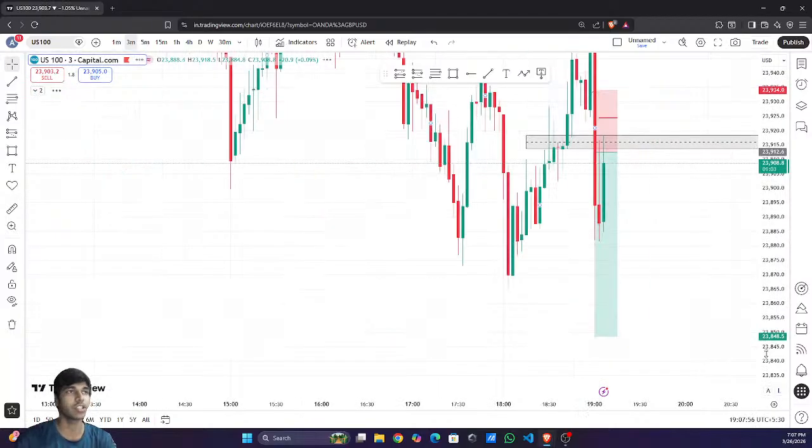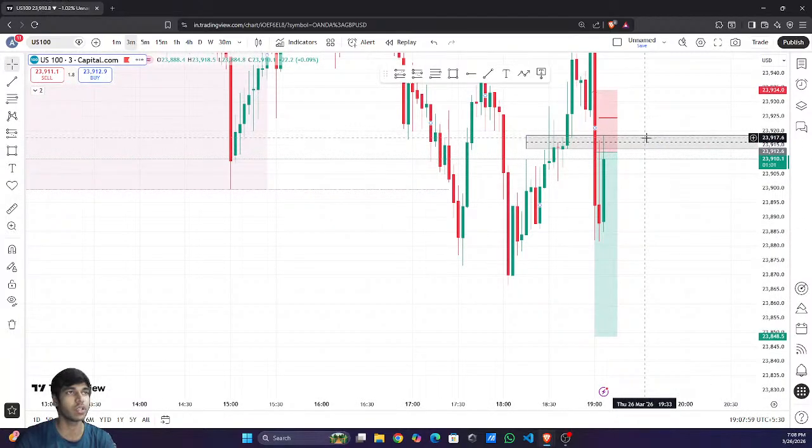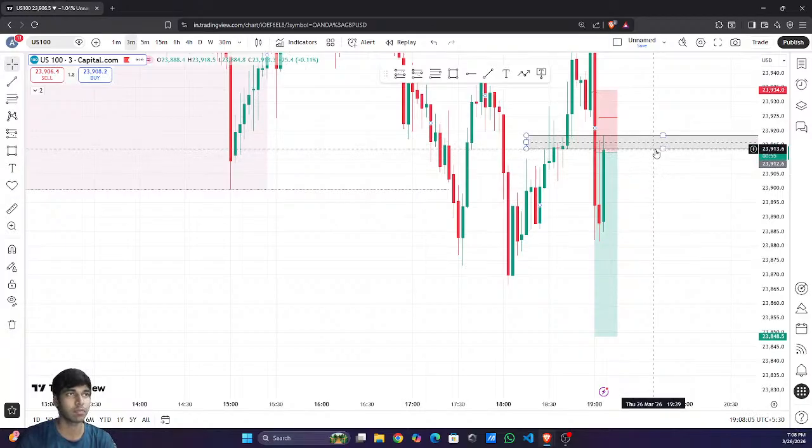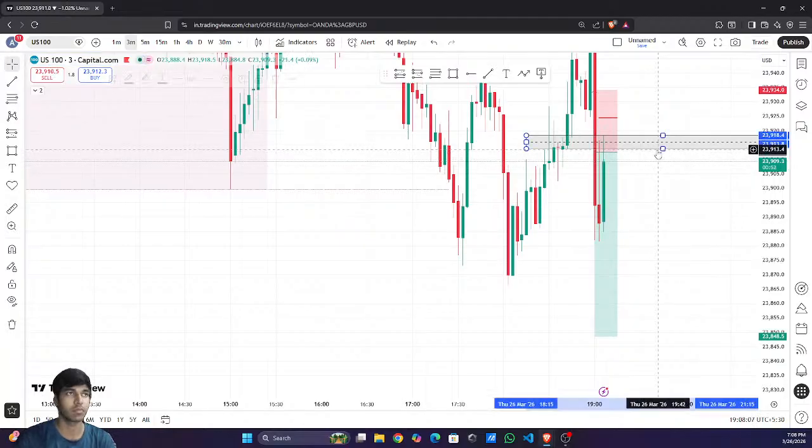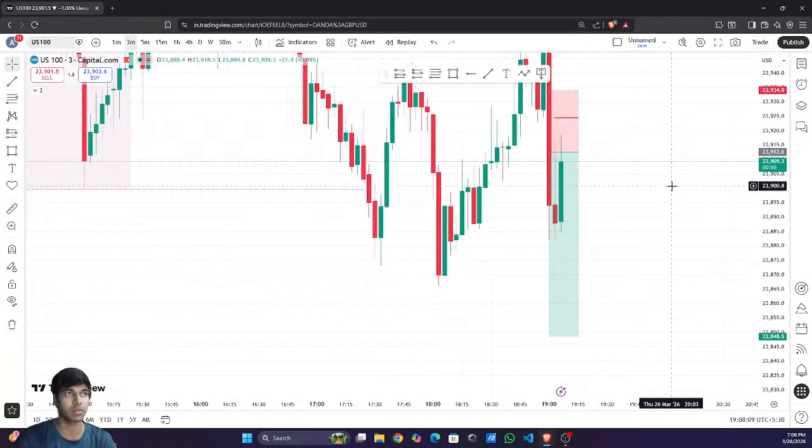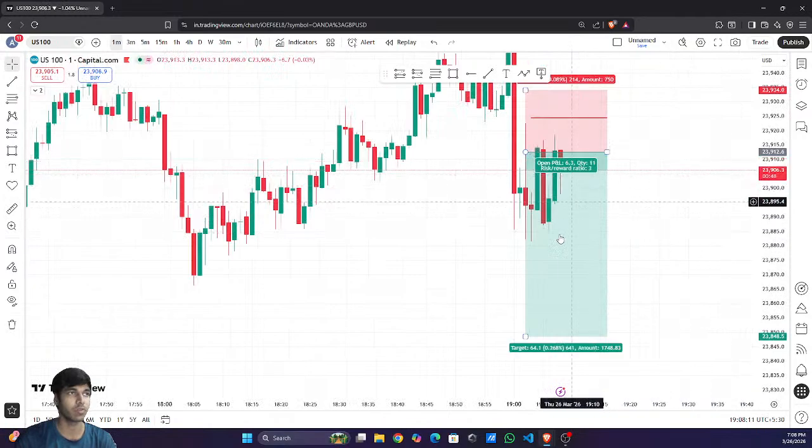So it did retest a 3-minute FVG over here. So 1 minute breakout structure, and I can also trail to break even. So if it breaks this low, then I will trail above this swing.